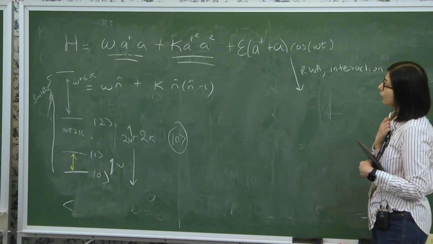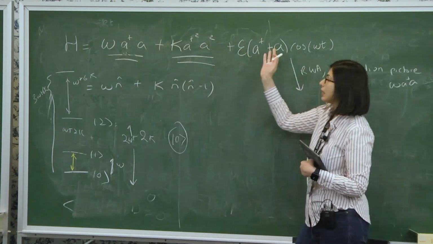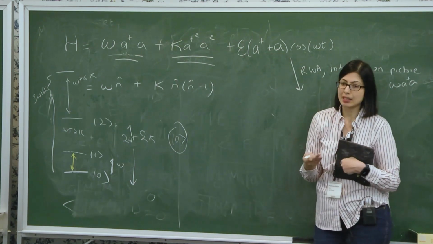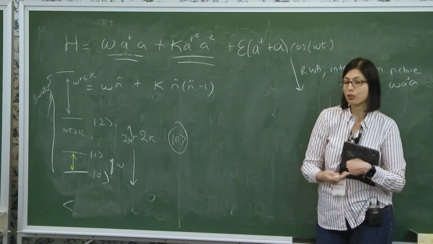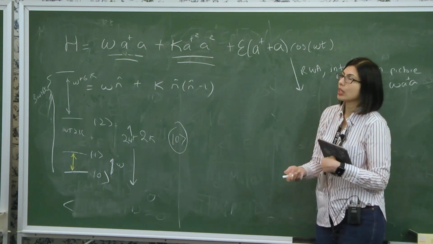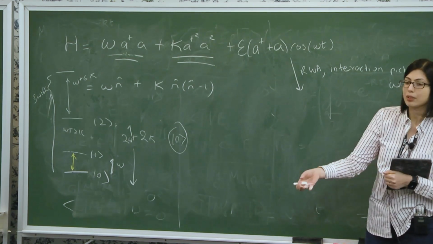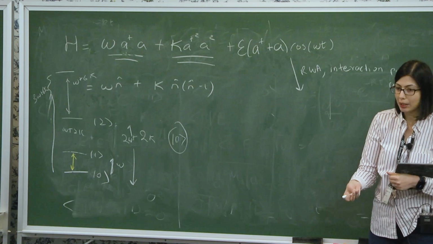This is just a nonlinear oscillator. This is, I'm applying a classical electromagnetic drive to the oscillator. So suppose you have two electromagnetic modes. Classically, you have an E1 times E2 interaction between them.